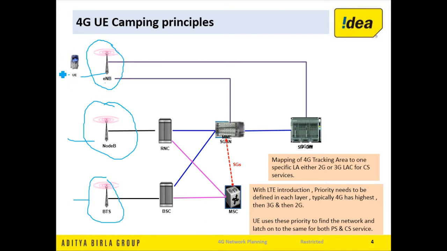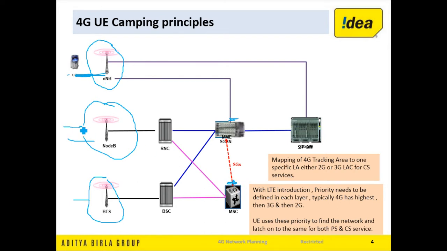But UE, whenever it powers up, will latch onto one network, either 4G or 3G or 2G. It can only register onto one network. If it is doing so in 4G, as I explained earlier in the previous slide, it will register not only in 4G but also in a corresponding CS part, and let's say in our configuration, it will be registering onto the 3G network.